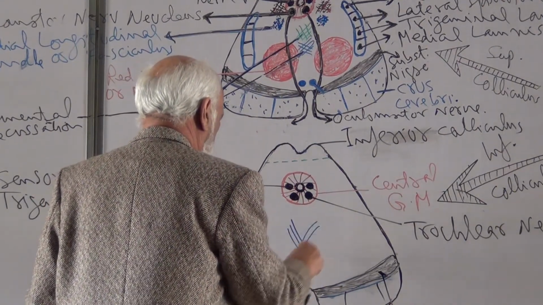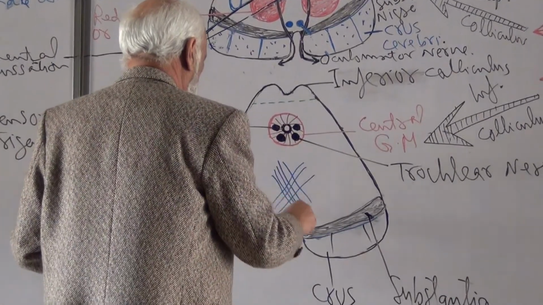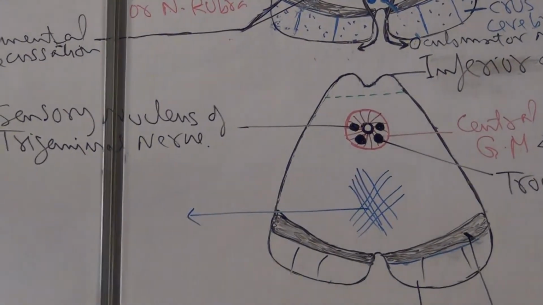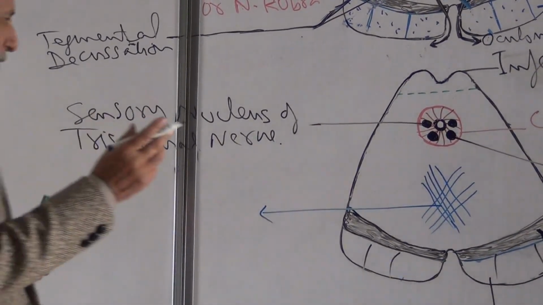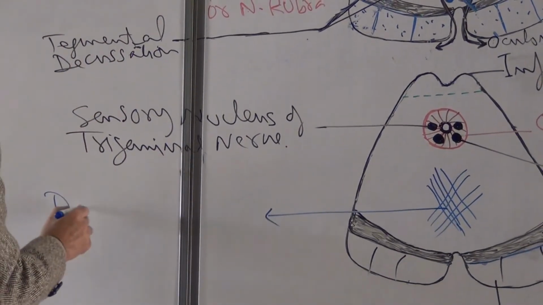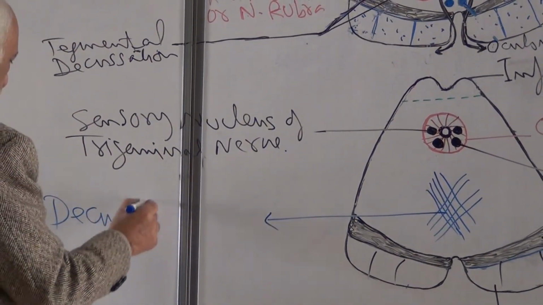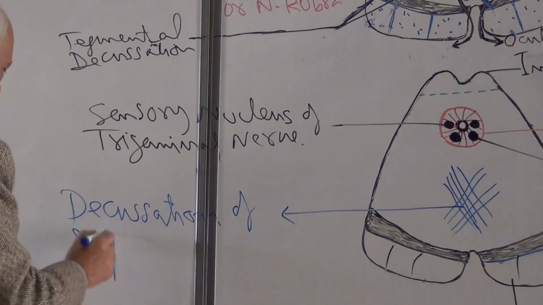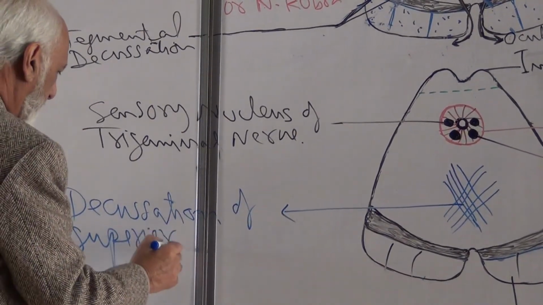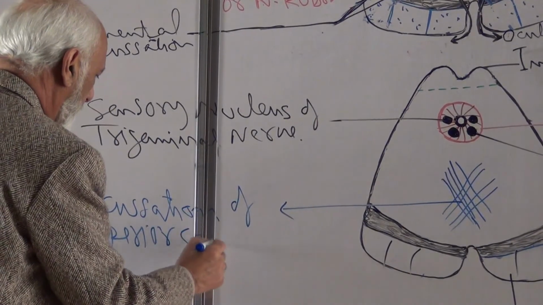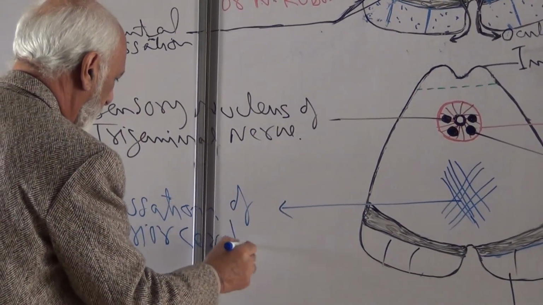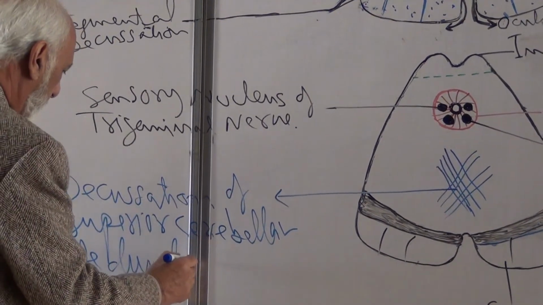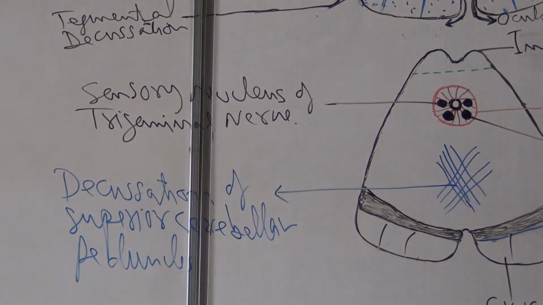The fibers of the right superior cerebellar peduncle decussate with the fibers of the left superior cerebellar peduncle.